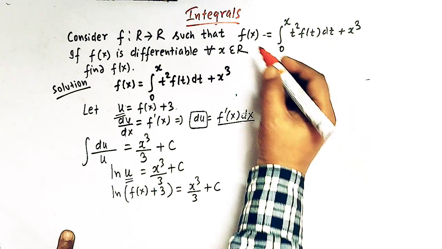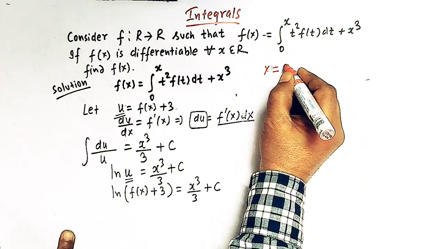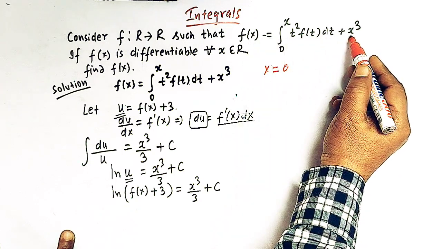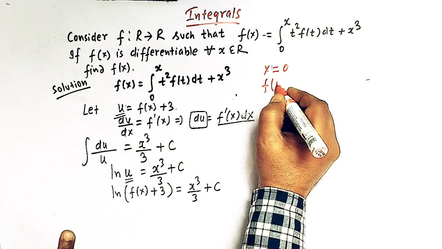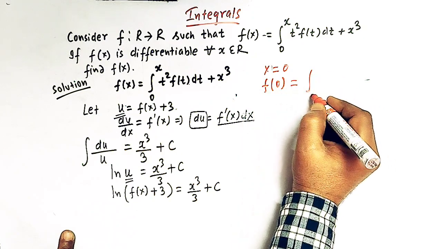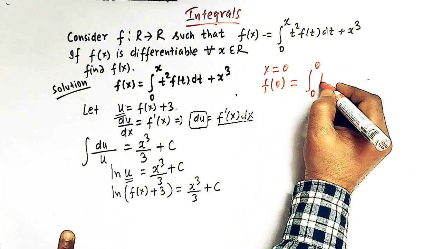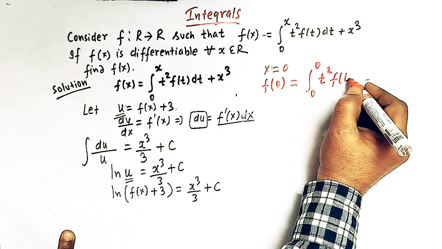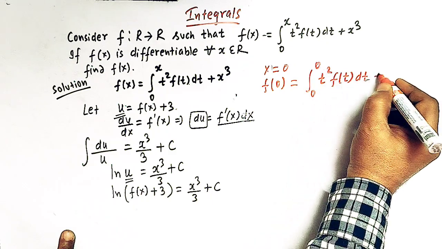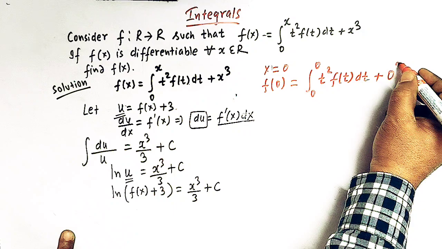So now let us take x is equal to 0 in this equation. So we have f of 0, and then we have the integral from 0 to 0 of t square f of t dt, and x cube is 0 cube.